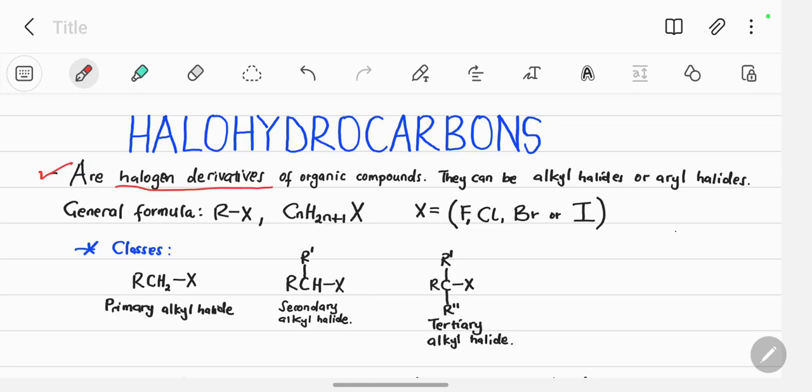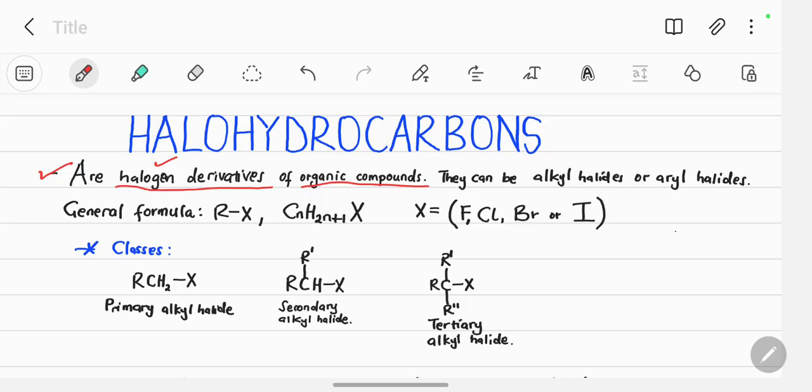Halogens, we know them. Halogens are the group 7 elements where we have fluorine, chlorine, bromine, iodine. So they are halogen derivatives of organic compounds.